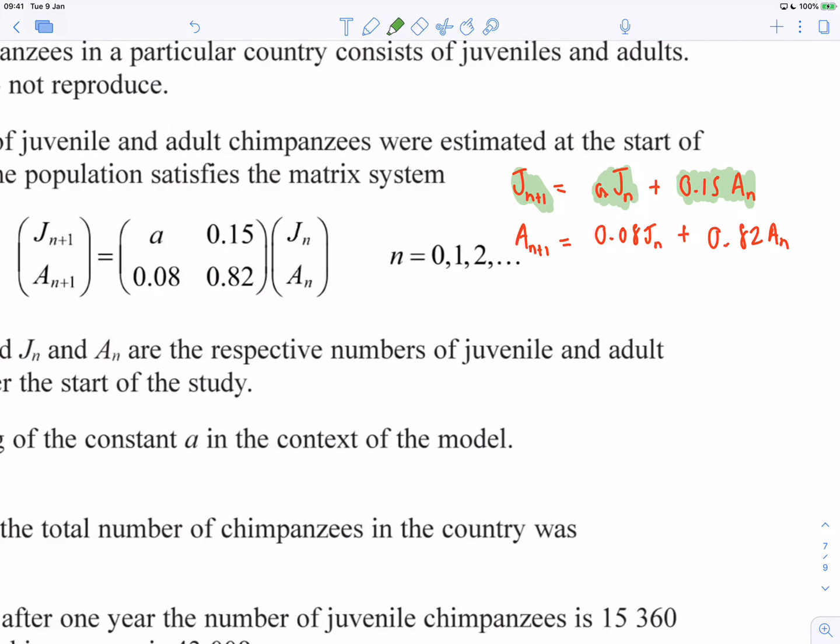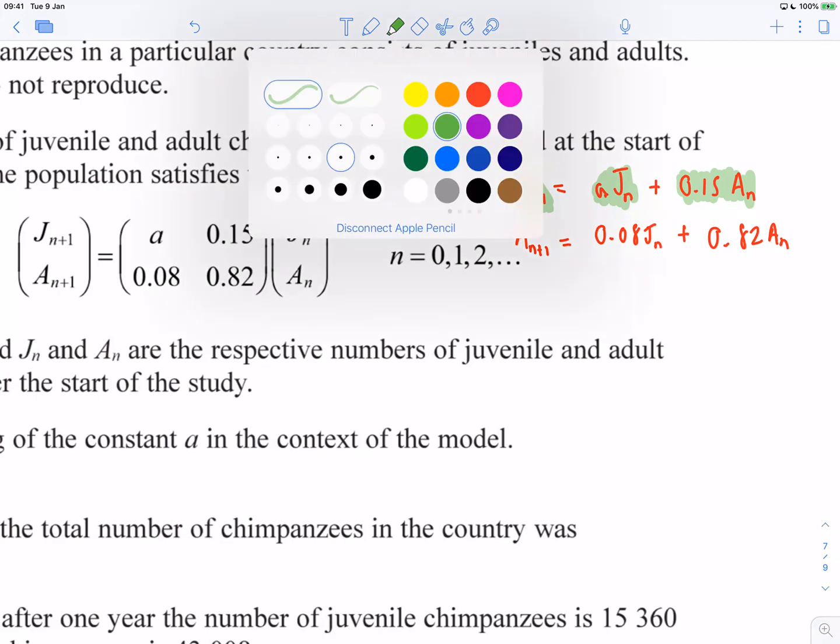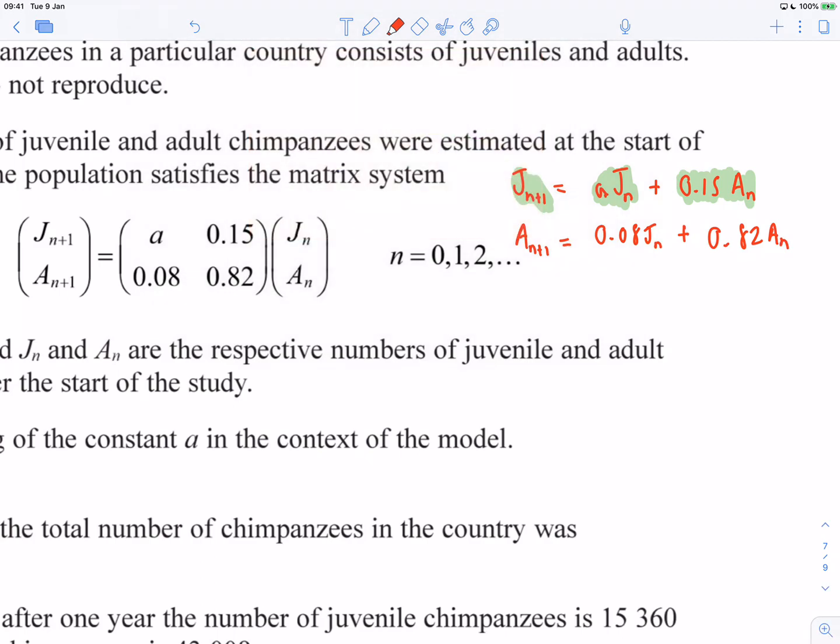So if there were 100 adults, they should have produced 15 babies that year between them. That's what that's saying, I believe. So this is kind of like a birth rate for adults. And this is the rate of kids staying kids, or just staying alive.